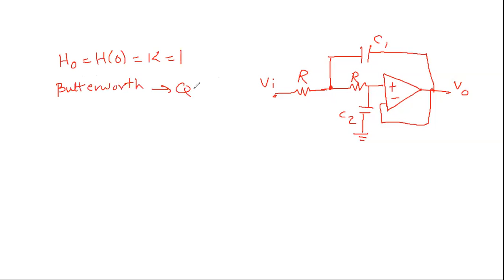Remember for Butterworth, how much is Q? 0.707, or 1 over square root of 2.